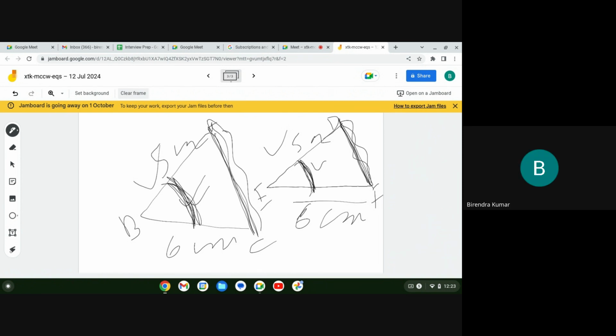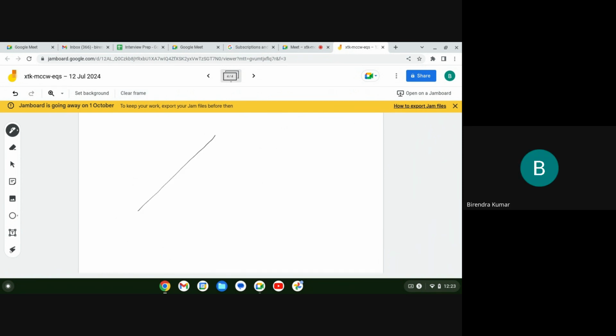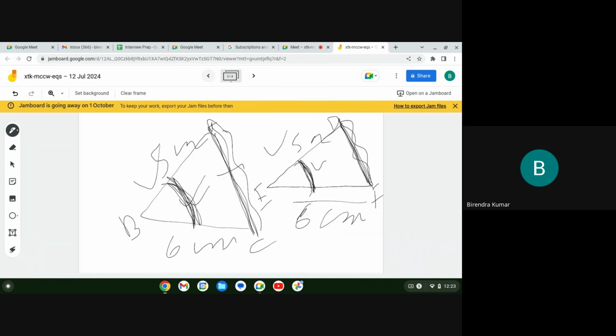Imagine a third situation where you have these two sides the same, and the angles are also the same. Will this be the same? So again, I'm just relating it back to this. When the angle was more, the side was more.